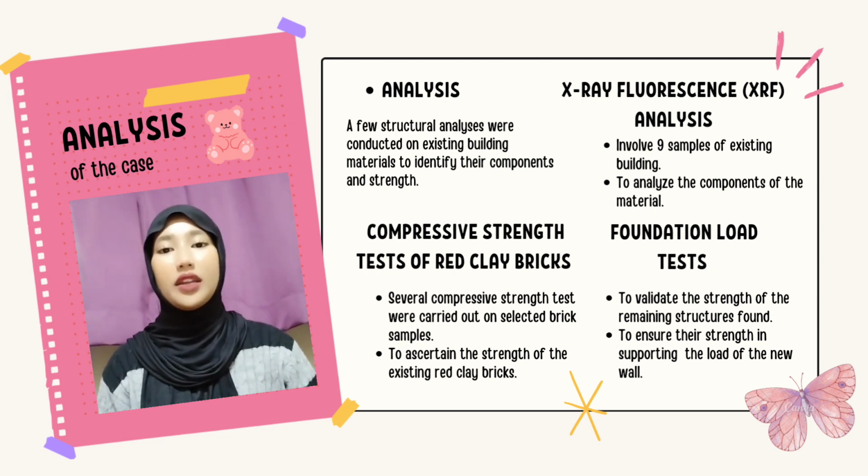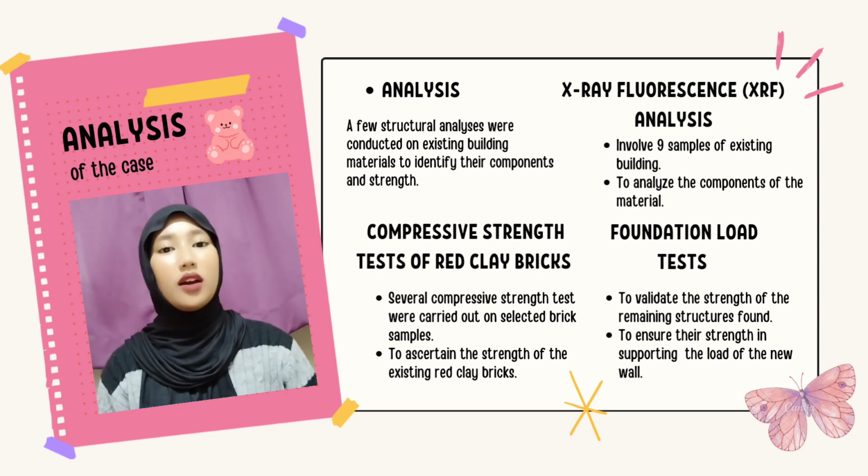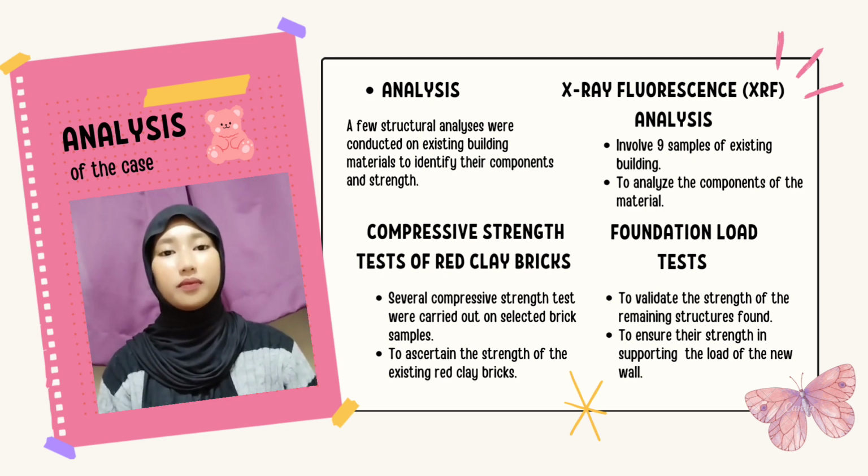The result of the analysis showed that the samples had relatively high content of SiO2 and CaO, which helped in preparation of a mixture with appropriate proportions of lime plaster, fine sand, and red clay that matched the existing building material.